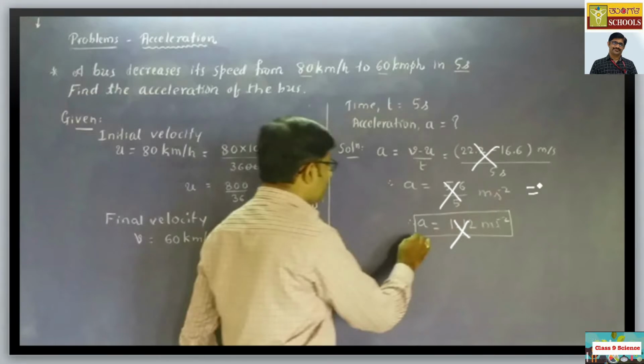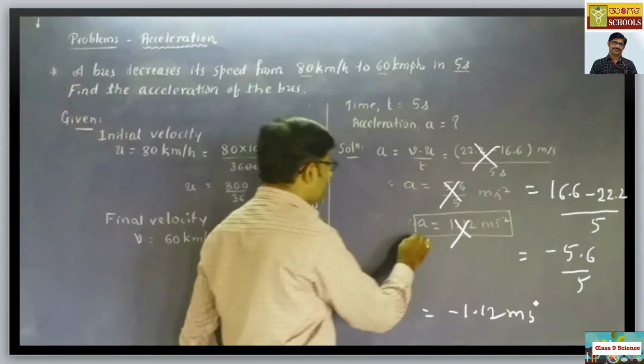So a will be 16.6 meter per second minus 22.2 meter per second divided by 5. That gives you minus 5.6 divided by 5. That gives you the result minus 1.12 meter per second square.